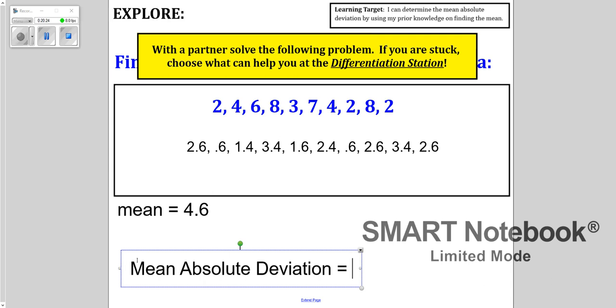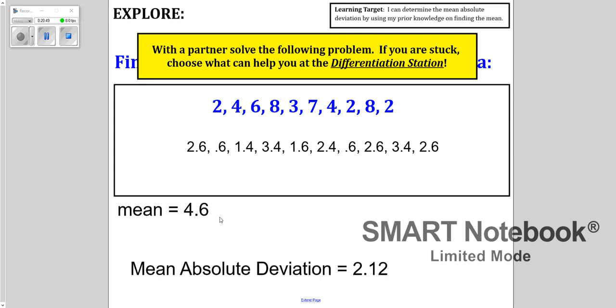So 2.6 plus 0.6 plus 1.4 plus 3.4 plus 1.6 plus 2.4 plus 0.6 plus 2.6 plus 3.4 plus 2.6. And divide that by 10. I knew that because we did it earlier. And it's 2.12.